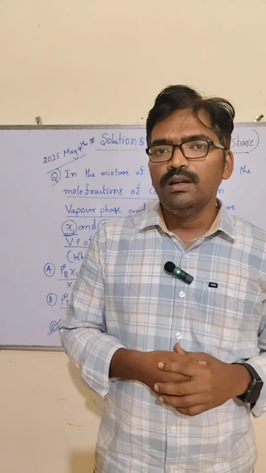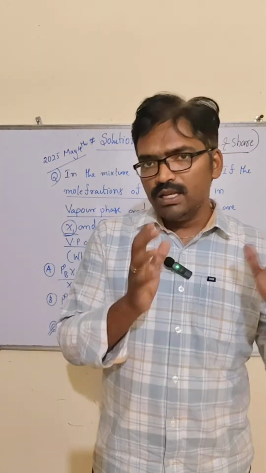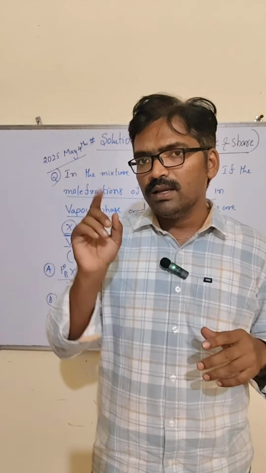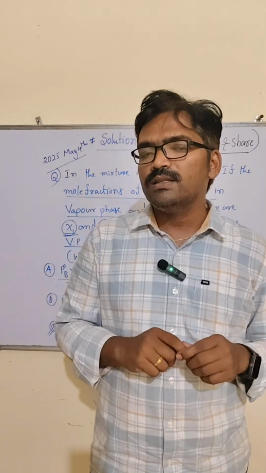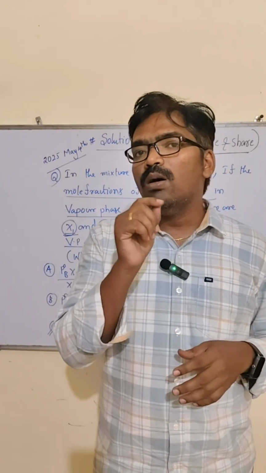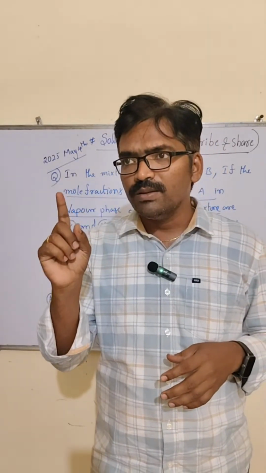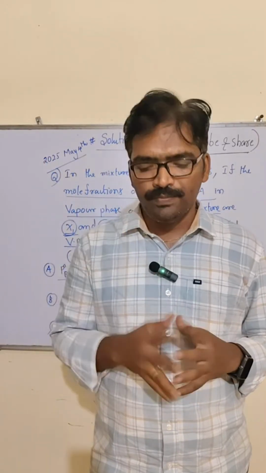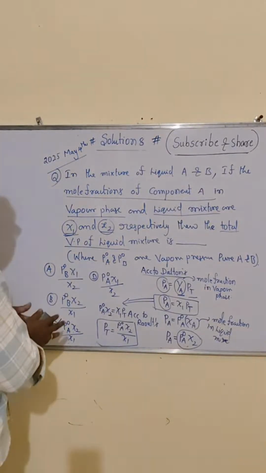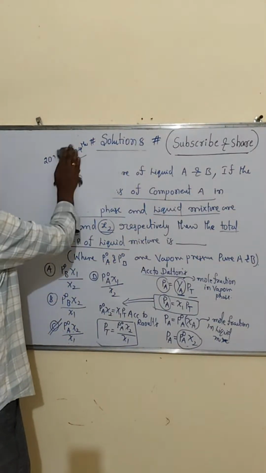Or, in case of gases, 22.4 liters of any gas at STP is equal to 1 mole. Or the gram molecular weight of a substance is also equal to 1 mole. Clear, my dear students? So next question we'll see.